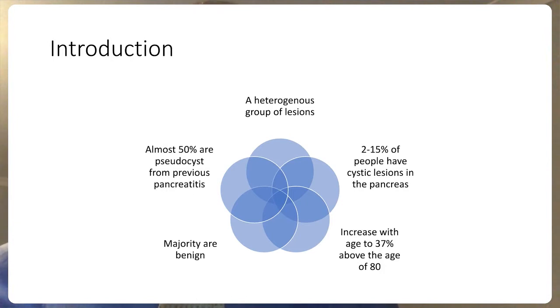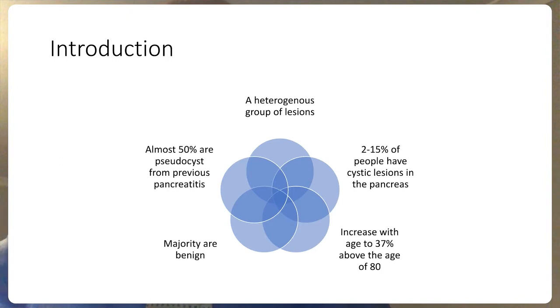The majority of these cysts that we see, in fact, turn out to be benign, as you will see. But there is a group of them that could be either malignant or pre-malignant, and hence the importance of studying cystic lesions.